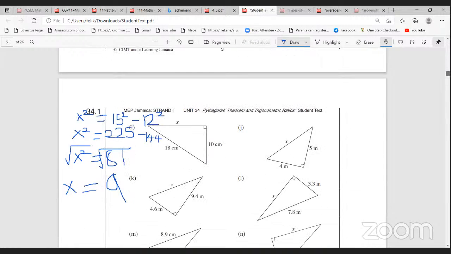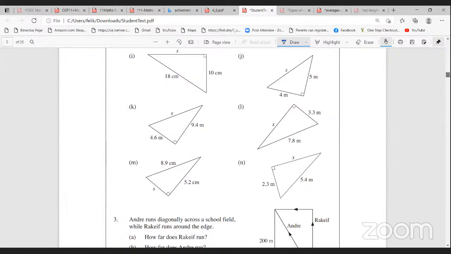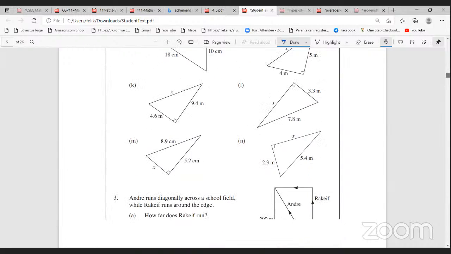And let's move on. Let's give it one where you have decimals. Hold on, let me see. This reasoning one.